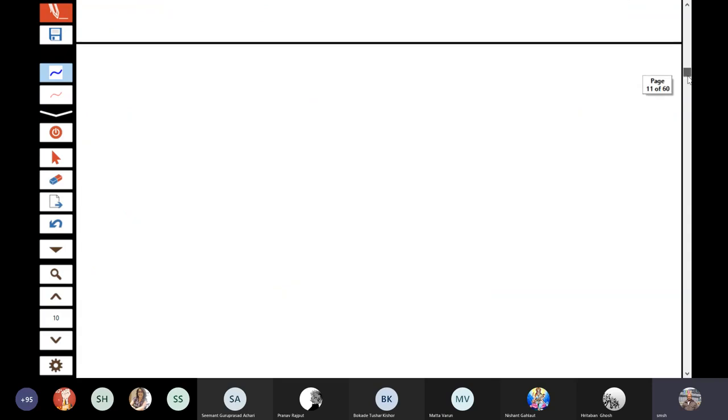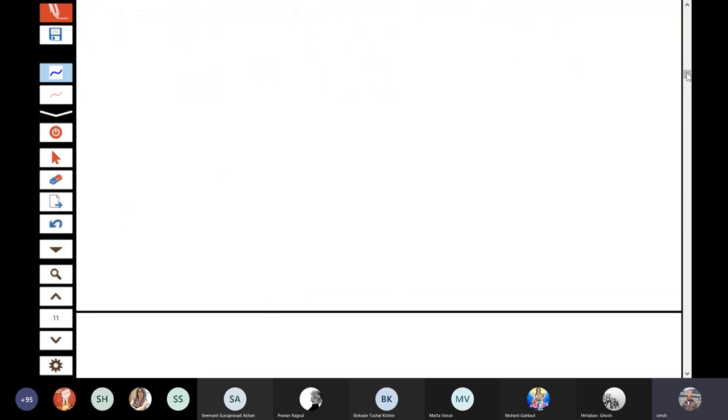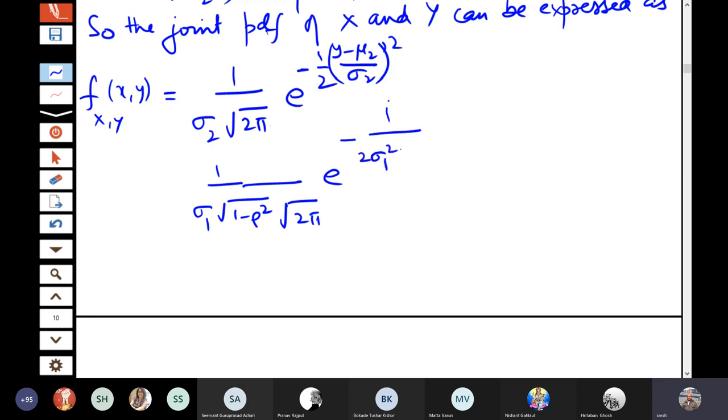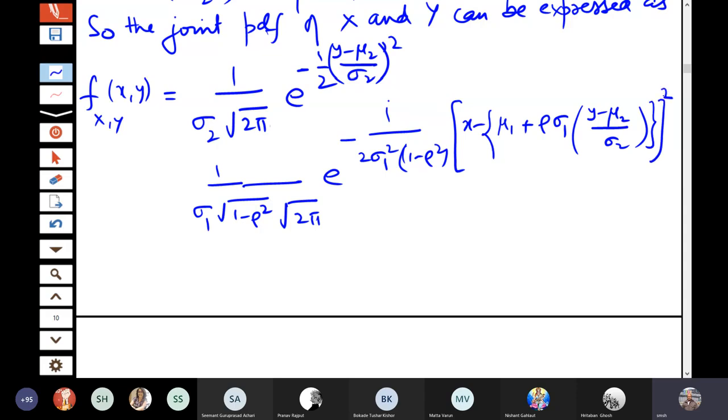So that I will write here as multiplied by 1 by sigma 1 root 1 minus rho square root 2 pi e to the power minus 1 by 2 sigma 1 square 1 minus rho square, x minus mu 1 plus rho sigma 1 y minus mu 2 by sigma 2, whole square.